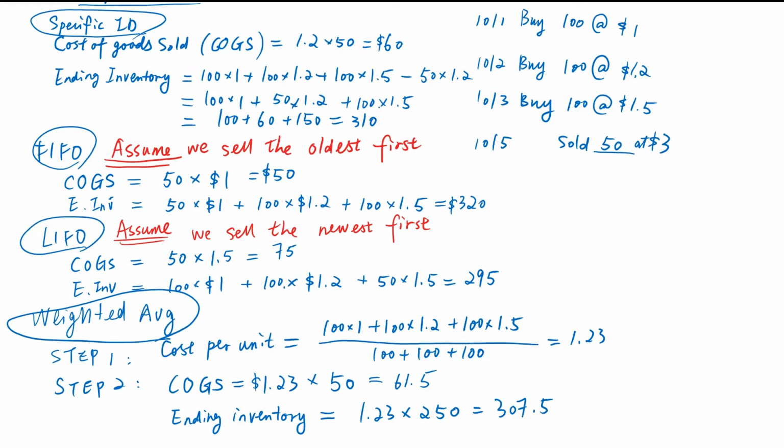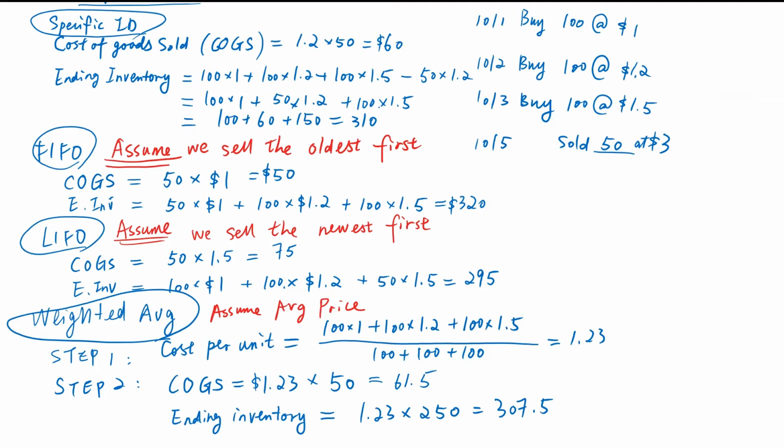All right, so those are the 4 different methods. The weighted average assumes that you sell products at an average price.